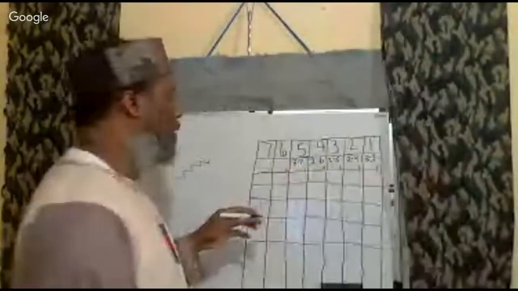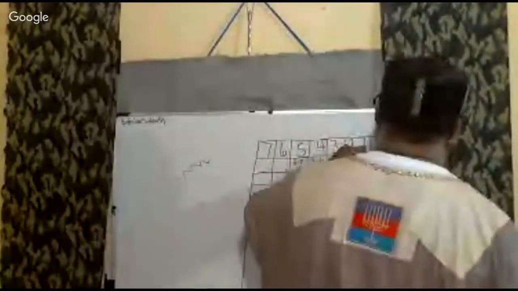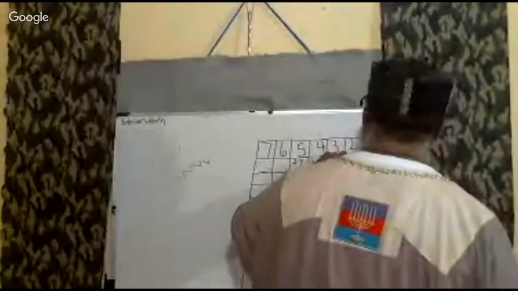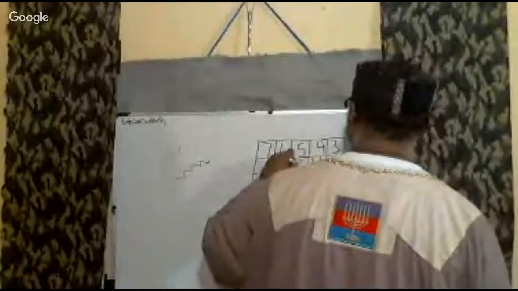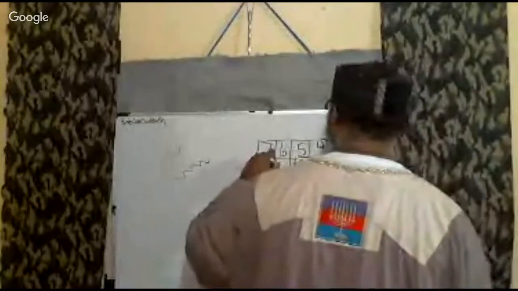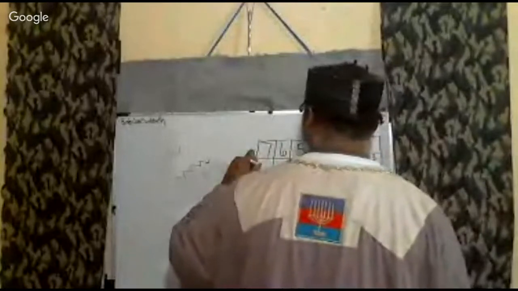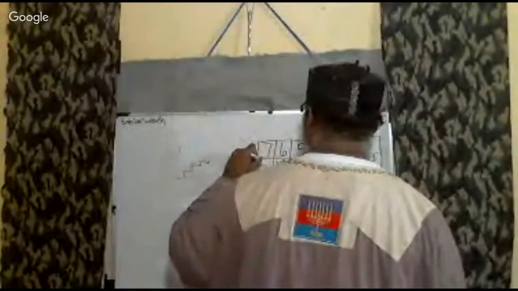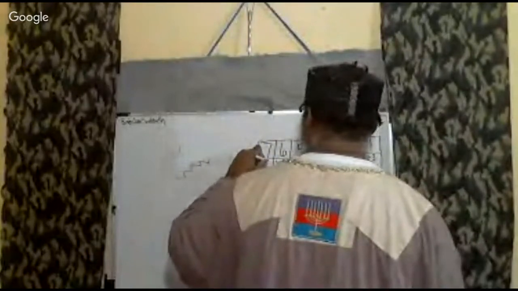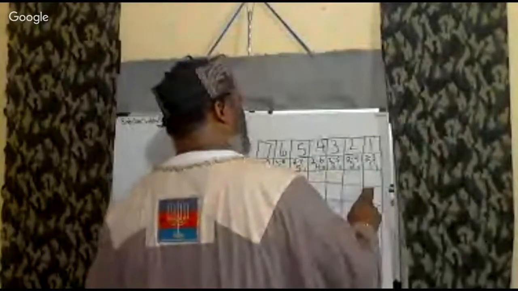That's what's on the Gentile calendar. But the truth is, it's the first day of the month, second day of the month, third day of the month, fourth day of the month, fifth day of the month, sixth day of the month, and seventh day of the month. But they saying February 8th, 9th, 10, 11, 12, 13, 14, 15, 16, 17.